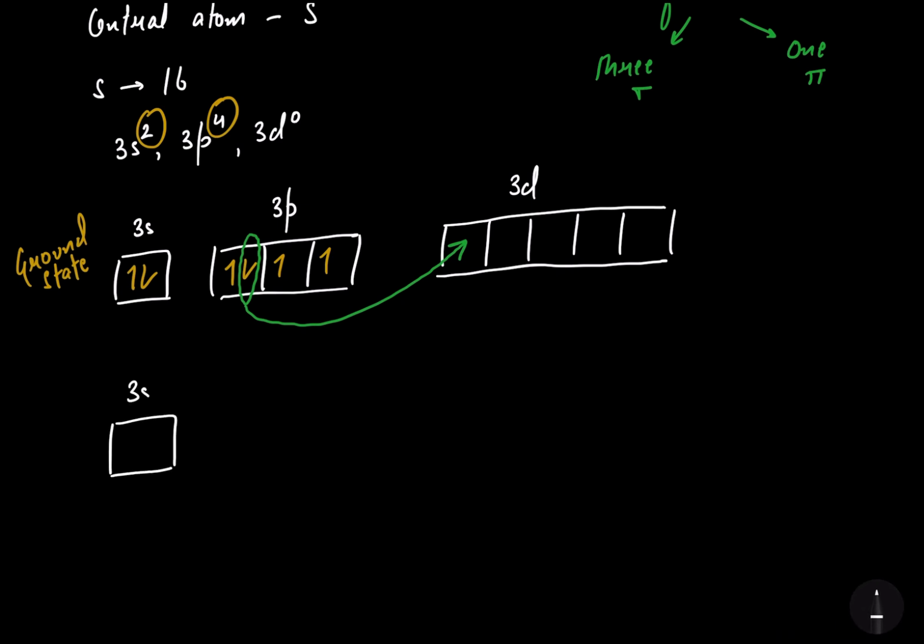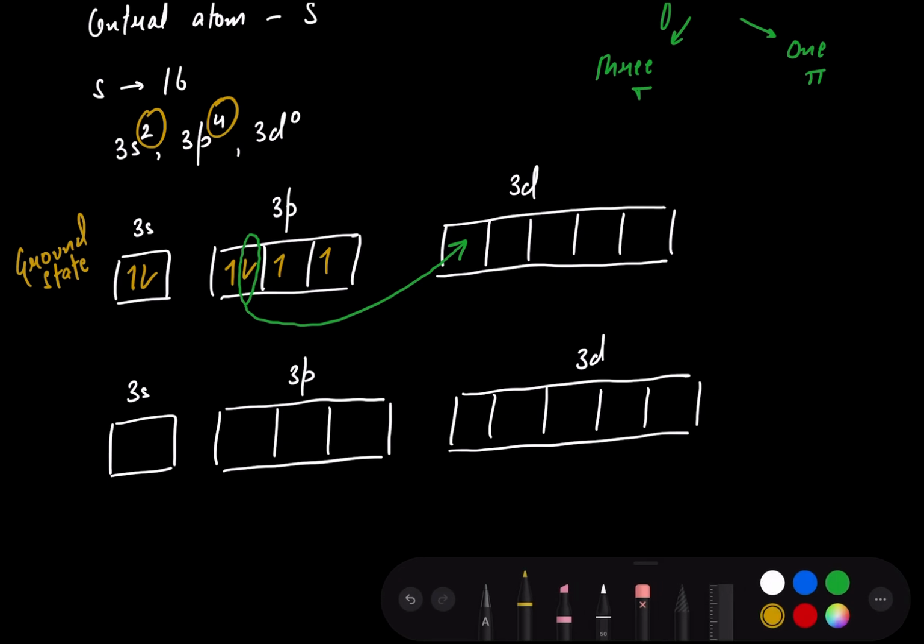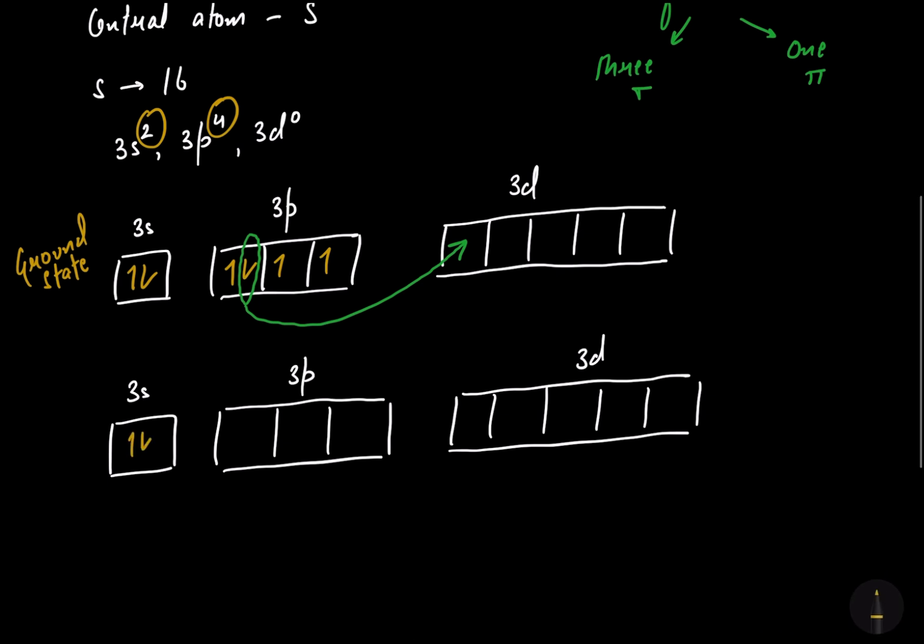That's our 3s. That's our 3p. And that's our 3d. And here the 3s is having 2 electrons. The 3p is now having 3 electrons, as one of its electrons has excited to the 3d subshell or the 3d orbital.